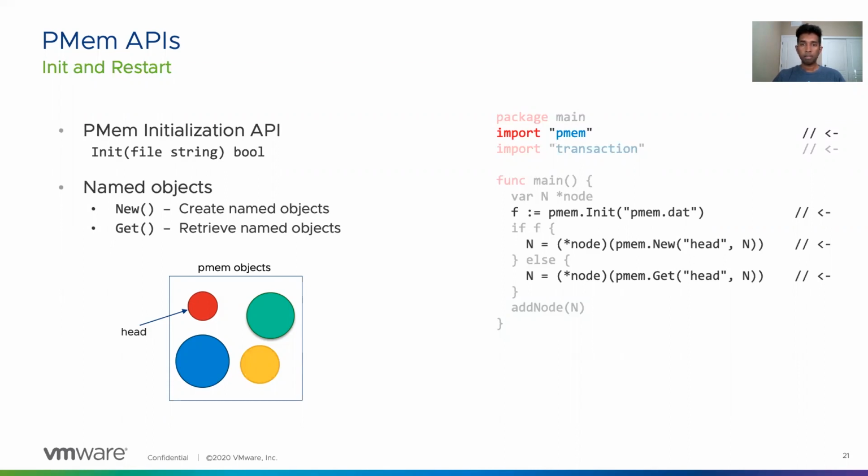Next, named object is a mechanism whereby names can be associated with objects in persistent memory. The new and get APIs, respectively, can be used to create and retrieve objects in persistent memory. For example, the code snippet shows creating and retrieving a named object called head, depending on whether it is a first-time initialization or not.